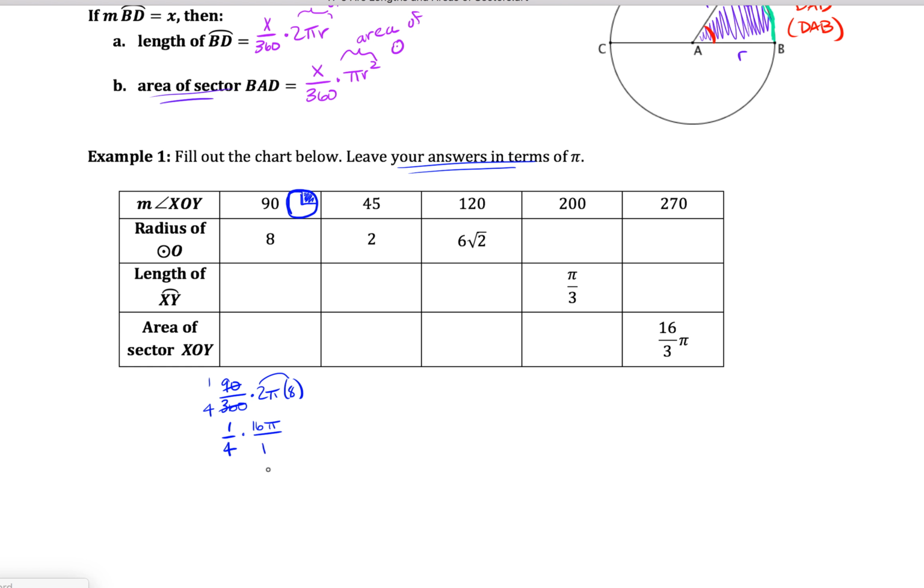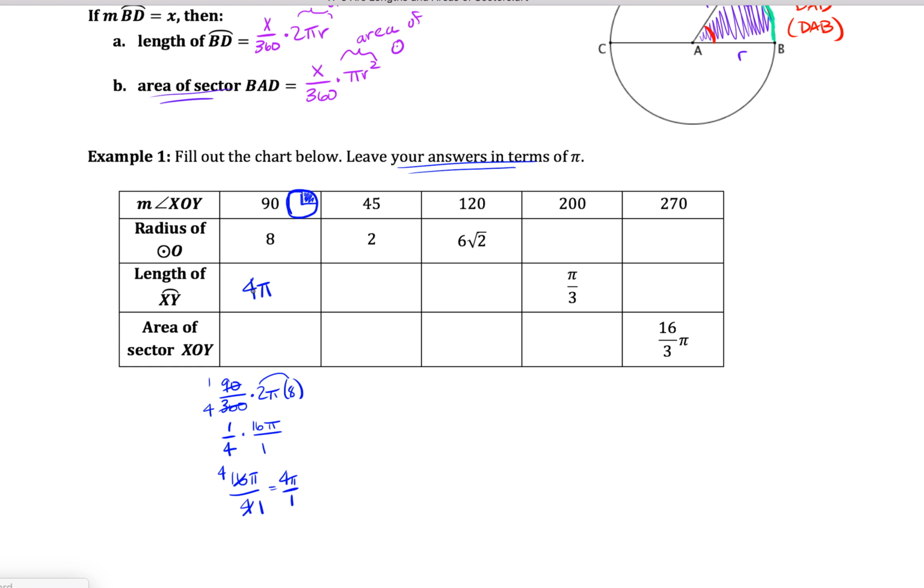I'll put that over 1, because now I need to multiply 1/4 times 16 pi over 1. We multiply the numerators together to get 16 pi, and the denominators together to get 4. Now I have 16 pi over 4, but that can be reduced because I can divide 16 by 4 and get 4, and divide 4 by 4 and get 1. So now I have 4 pi over 1, which is just 4 pi. So that's the length of our arc.